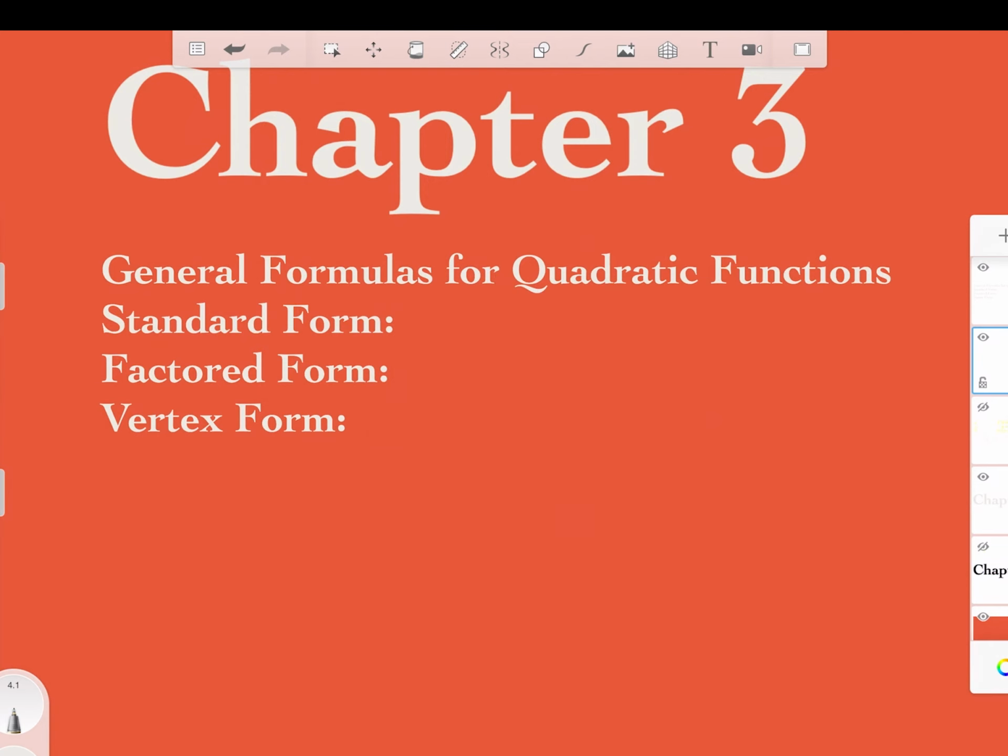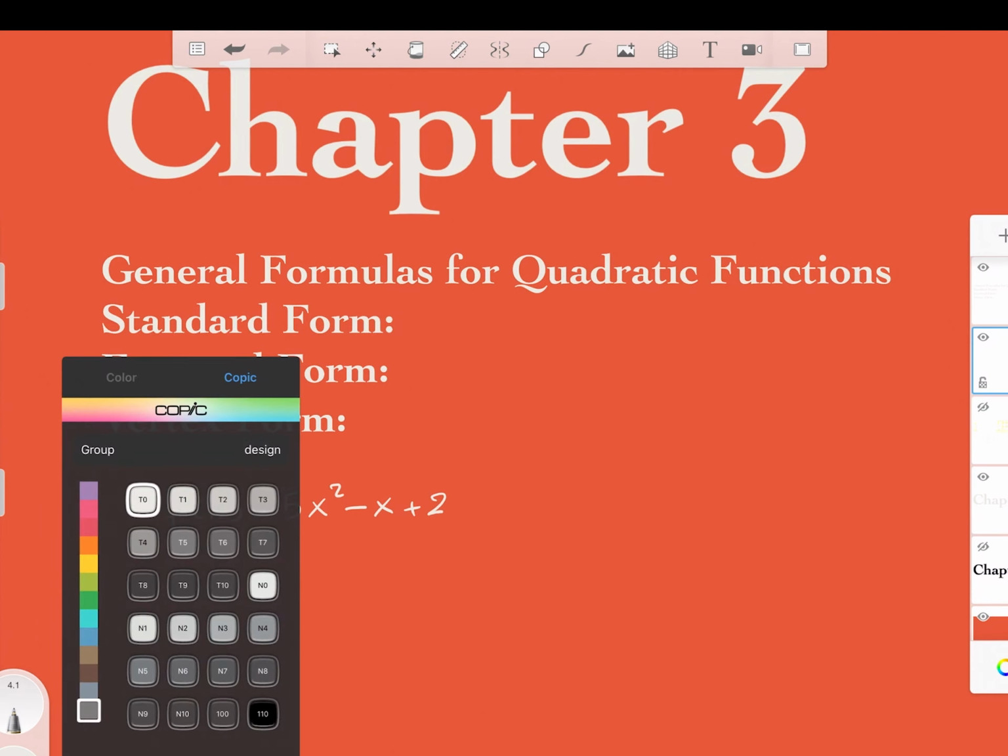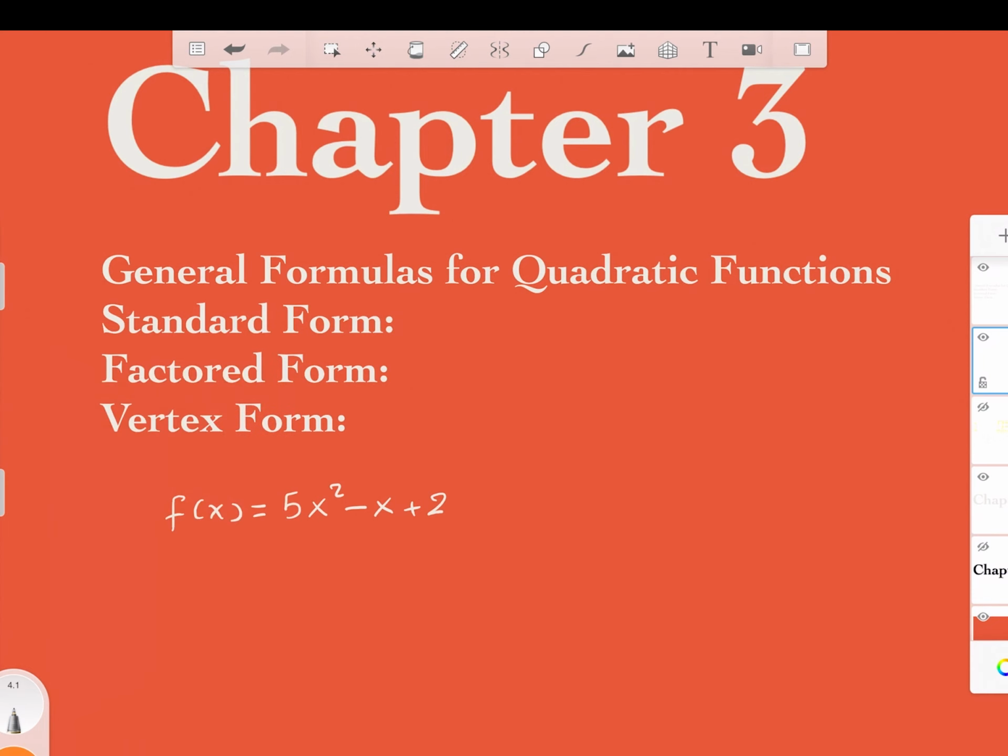Let's have another example. F of x equals 5x squared minus x plus 2. Now the question is, is this A, standard form, B, factor form, or C, vertex form?